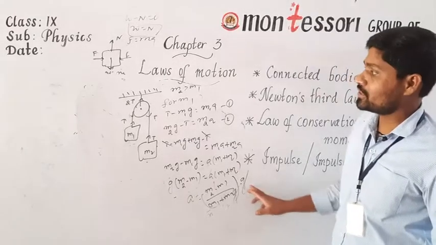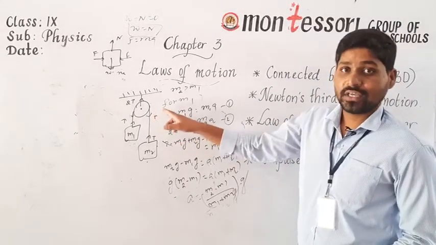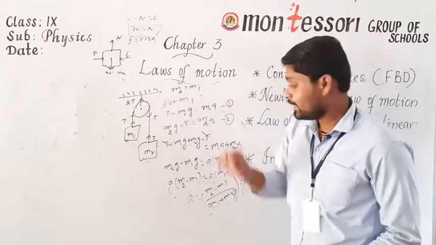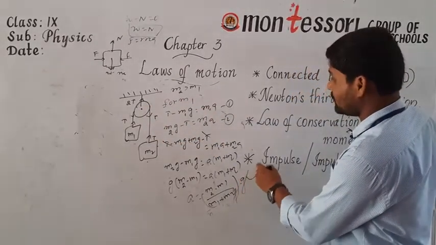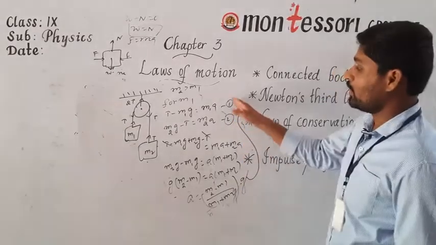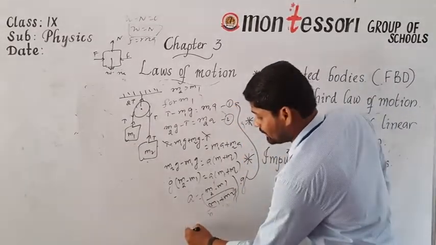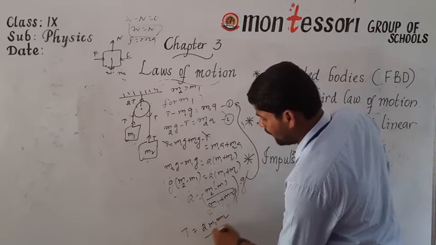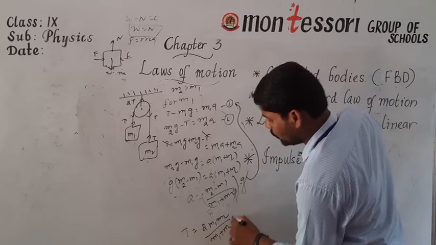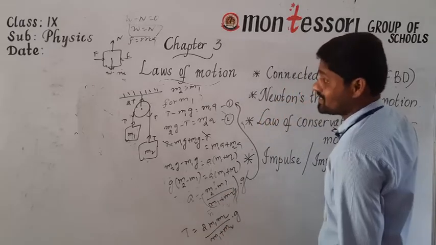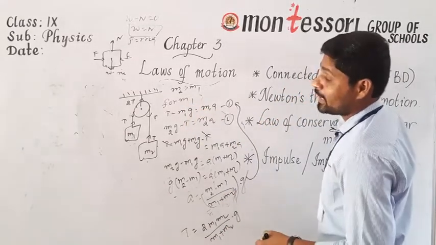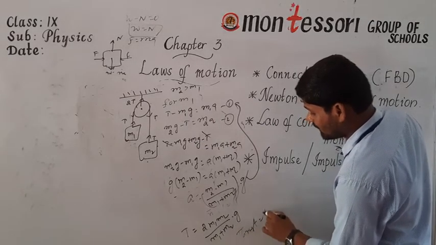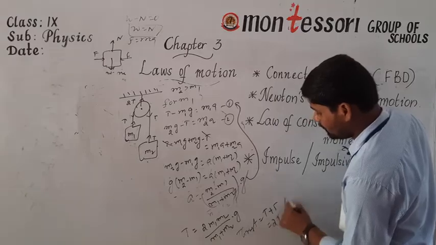This is the acceleration of the objects connected like this. Is it clear? If you substitute the acceleration in either equation 1 or 2, you get the tension T is equal to M1 M2 by M1 plus M2 into G. The total thrust in this connection is T plus T, 2T.